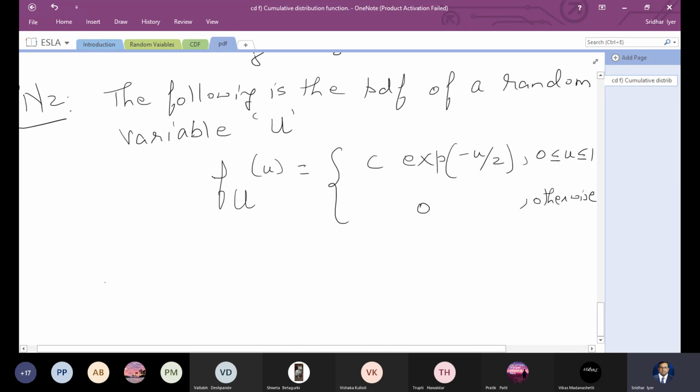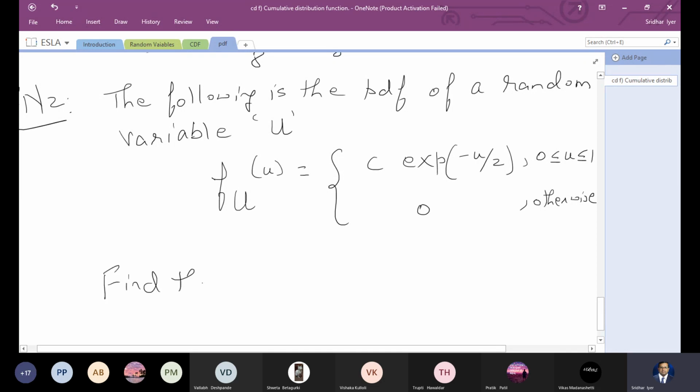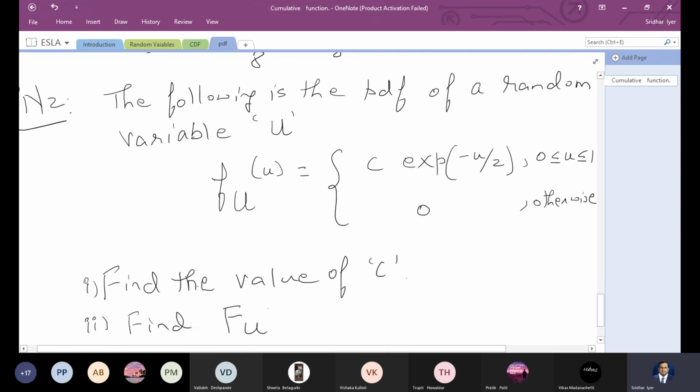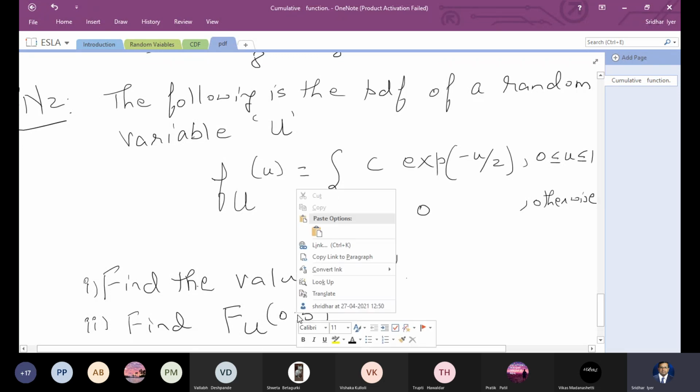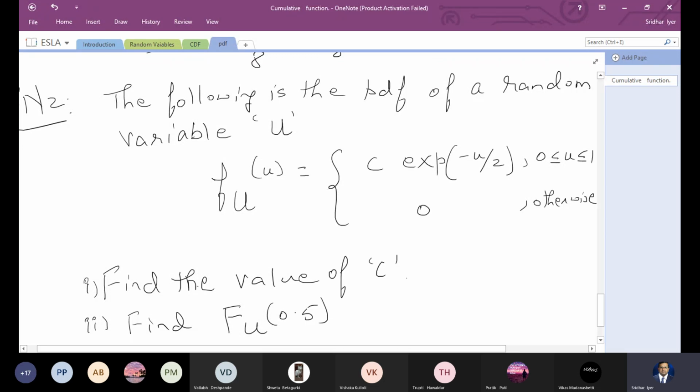The question is, find the value of c. So this is the first part. The second part is find F U of 0.5.